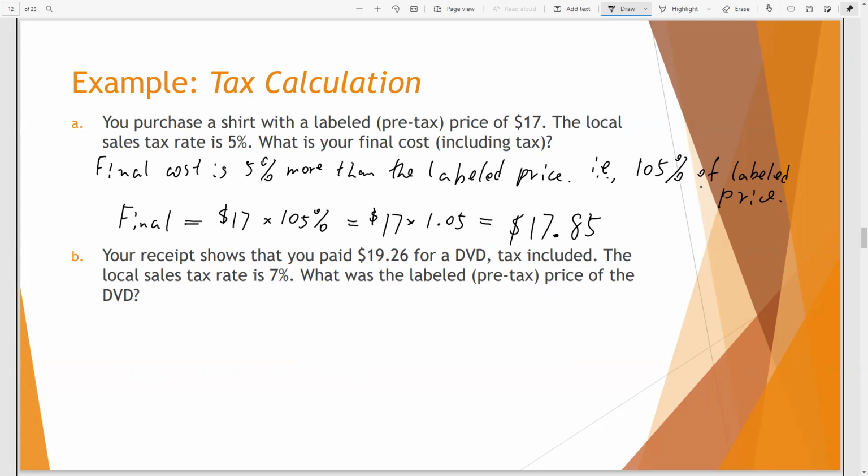Okay, so again, I assume every time you pause and try to practice before I move on. Right, so the local sales tax is 7%. That means 107% of the labeled price is what you pay.